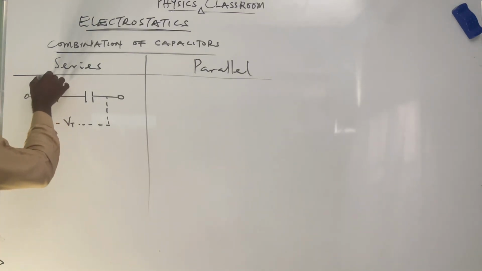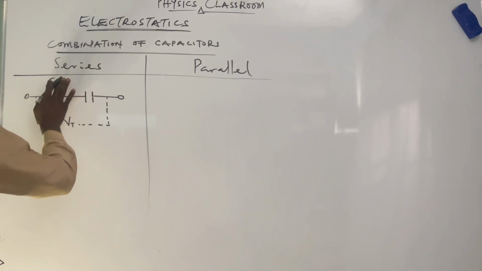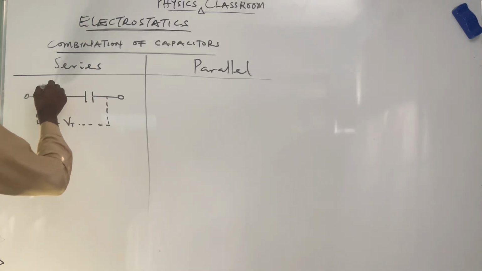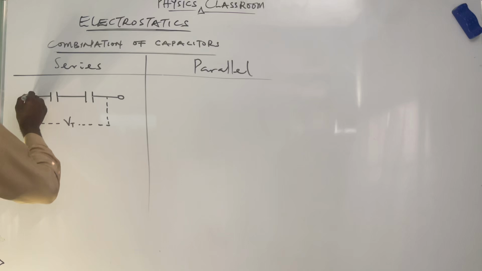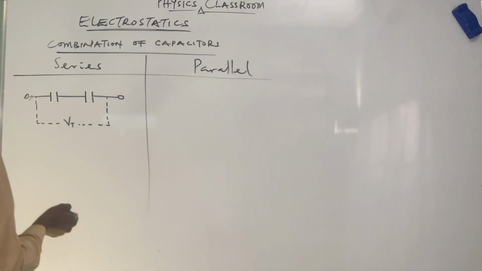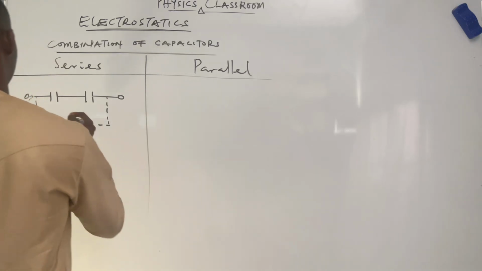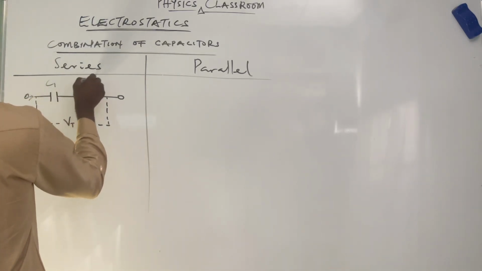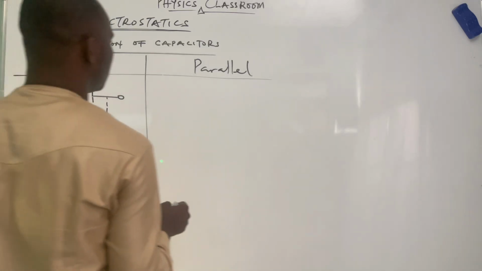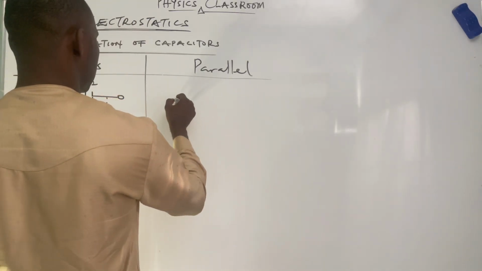We call this C1, C2. For parallel, we have something like this.